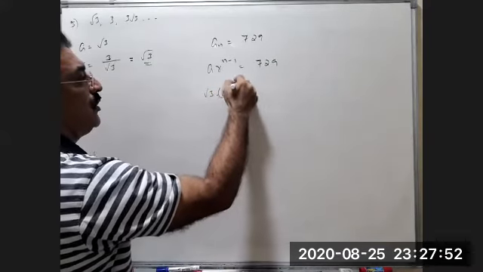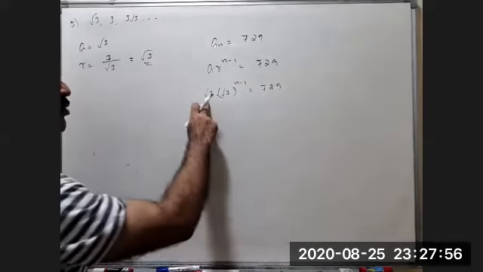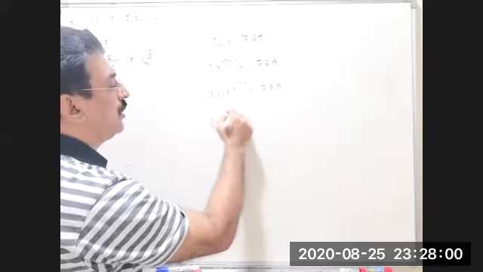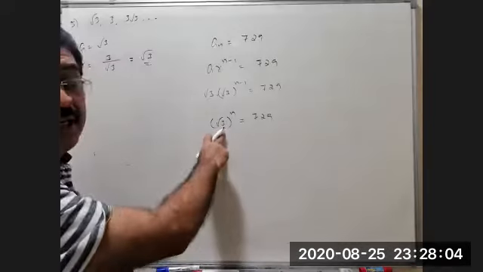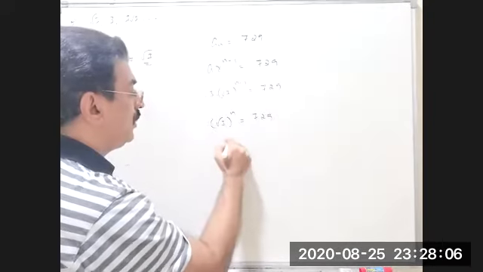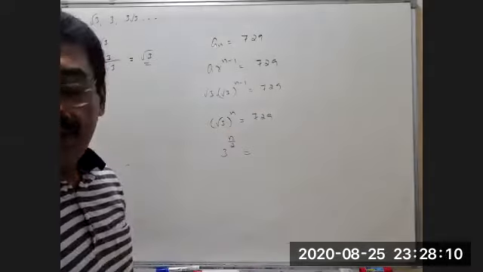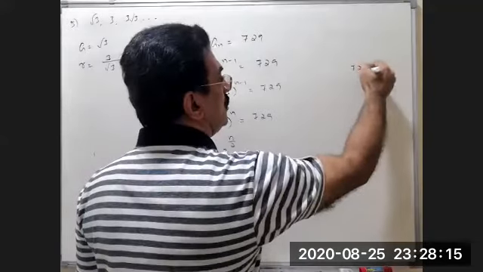Root 3 into root 3 raised to n minus 1 is 729, so root 3 raised to n is 729. Root 3 raised to n is 3 raised to n by 2. Factorize 729.